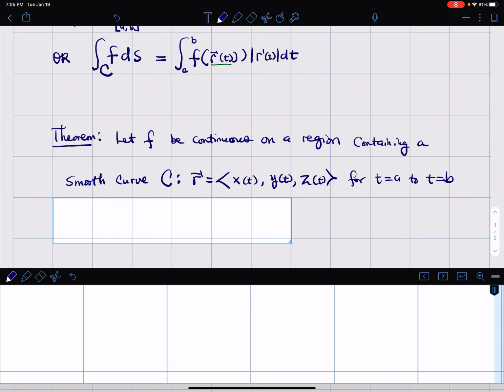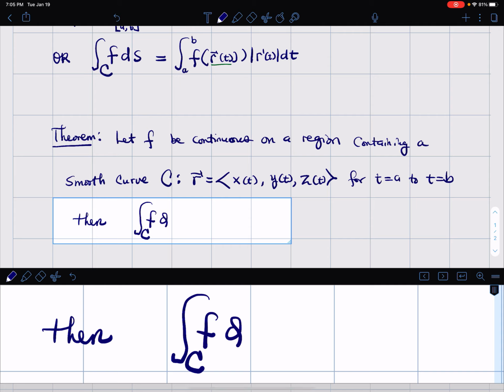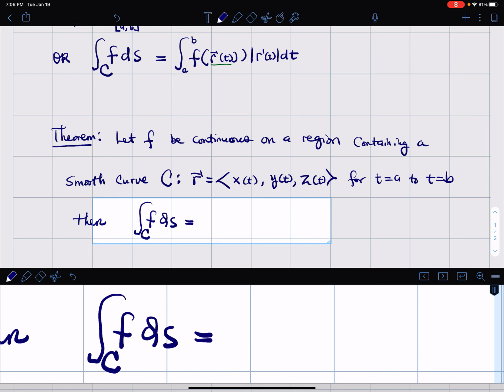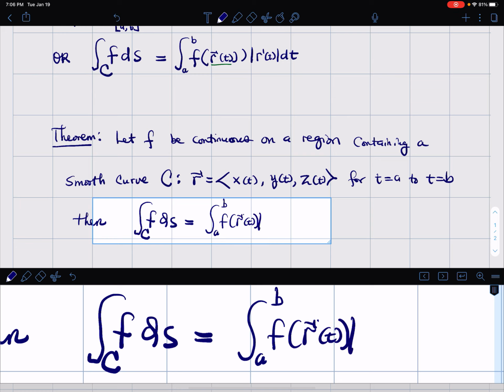Then the line integral of f ds over C is equal to the integral from a to b of f of r of t times the magnitude of r prime of t dt.